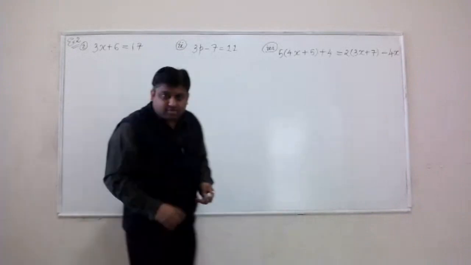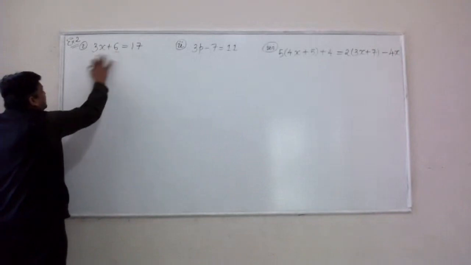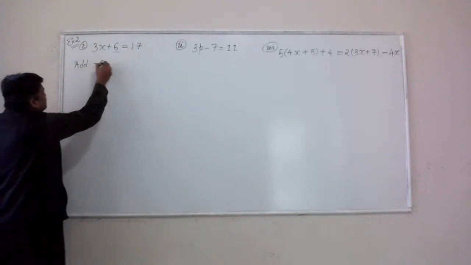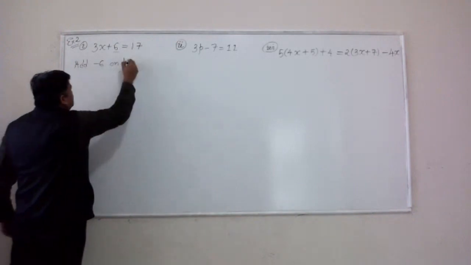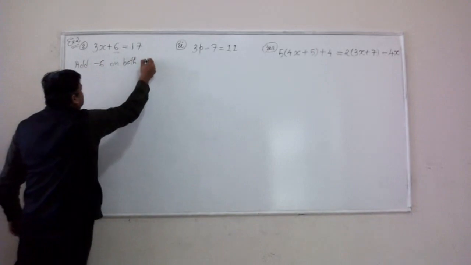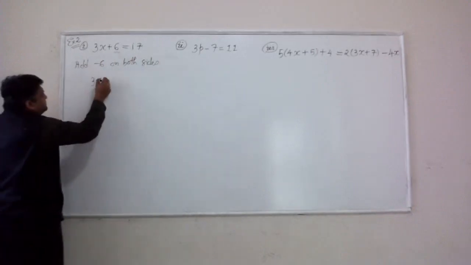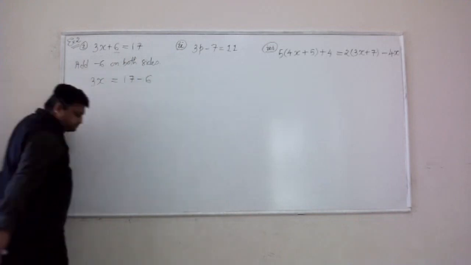Let's do this. To eliminate 6 from the left side, I would add negative 6 on both sides. 3x equal to 17 minus 6.